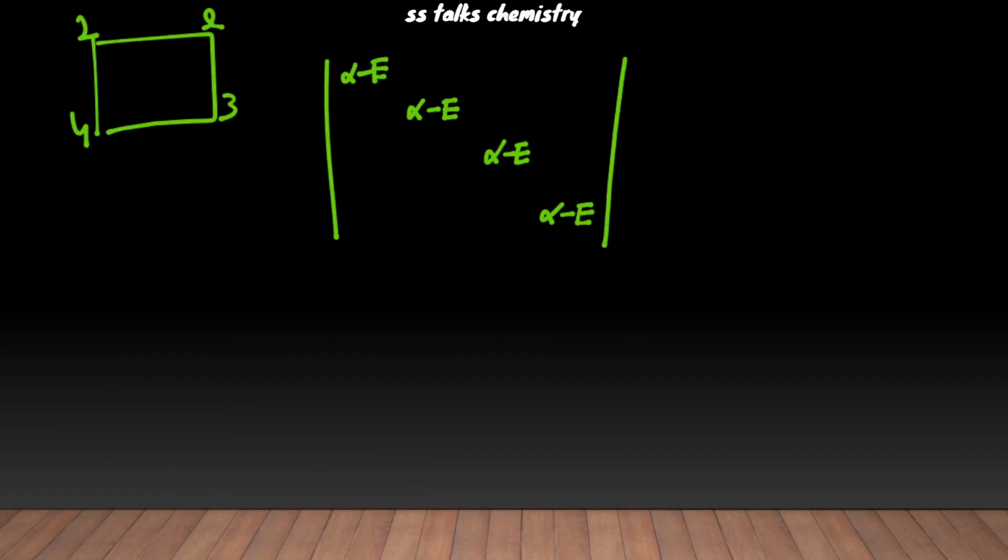Now the remaining things will be of the beta concept only. If a direct bond is there, then beta, if not it is 0.